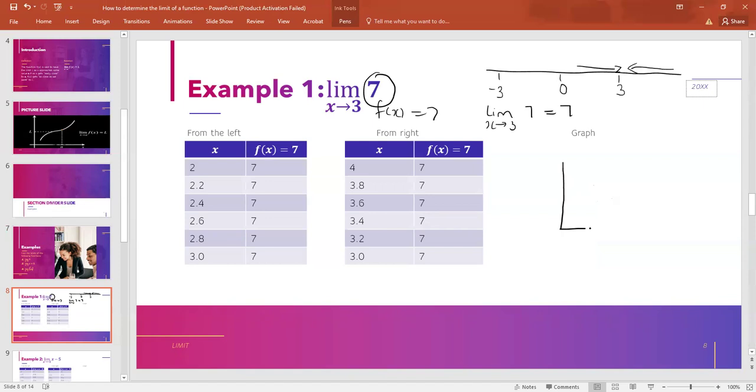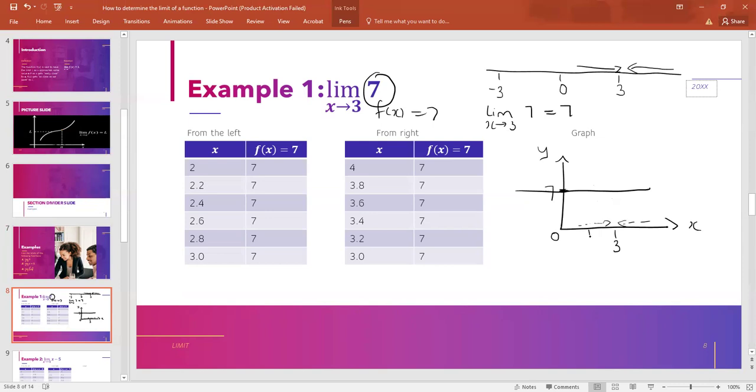Graphically, how do we represent this? We have our x-axis and our y-axis. Here is 0, here is 3 and here is 7. We have a horizontal line going through 7. So no matter where you move from to 3, you will still have the same value of the function.